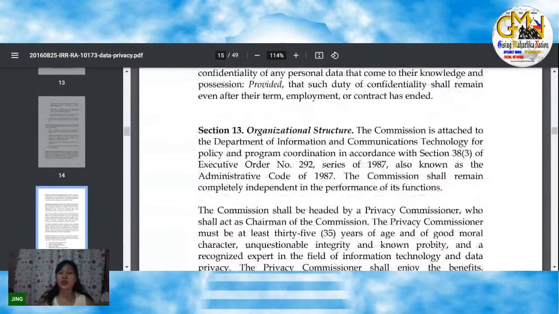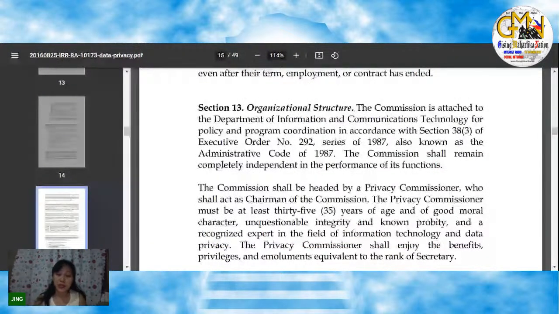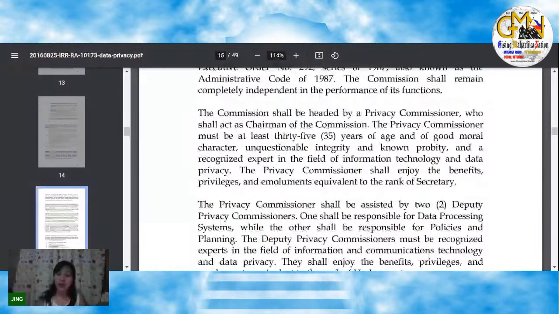Section 13. Organizational structure. The Commission is attached to the Department of Information and Communications Technology for policy and program coordination in accordance with Section 38(3) of Executive Order Number 292, Series 87, also known as the Administrative Code of 1987. The Commission is headed by a privacy commissioner who shall act as chairman of the commission.